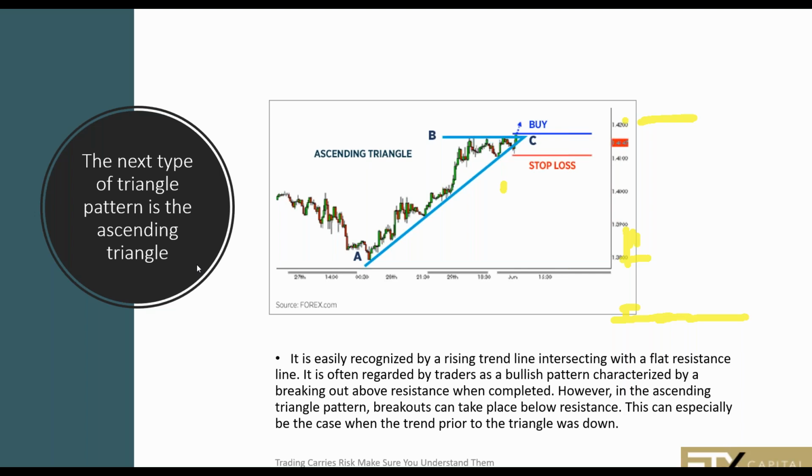So the next type, the ascending triangle, you'll find is just the same thing. It's easy to recognize by a flat resistance line intersecting with a rising trend line. It's often regarded by traders as a bullish pattern characterized by a breakout above resistance when completed. However, in an ascending triangle pattern, breakouts can take place below support. This can especially be the case when the prior trend of a triangle was down.